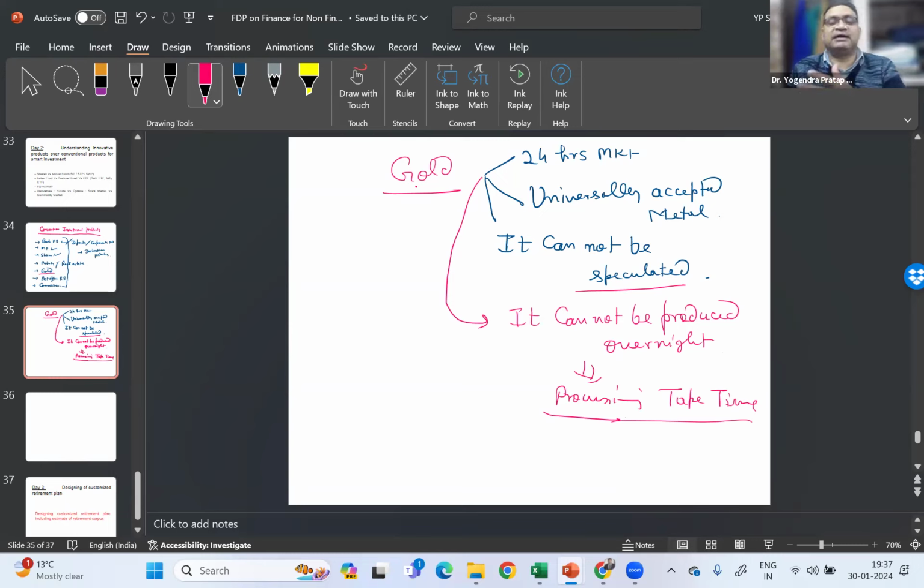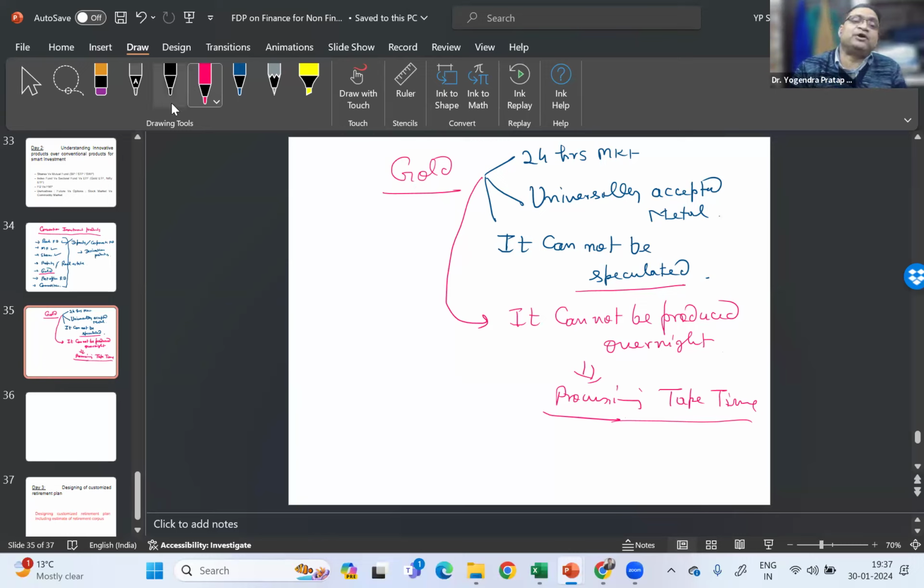You cannot just have 2 to 3 factories to produce the gold. Like a car, you can produce overnight, but gold cannot be produced overnight. Means you cannot increase the production of gold as much as you want. It is produced through a scientific process, and that will take time. So these are the features of the gold.